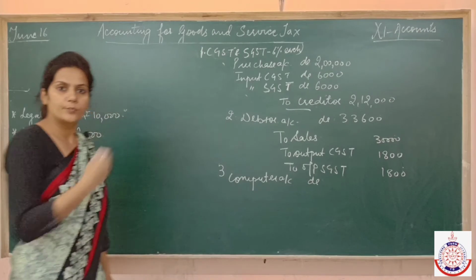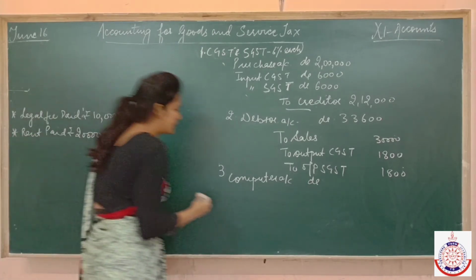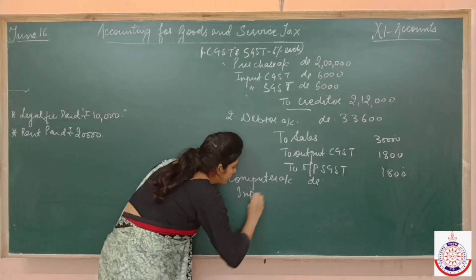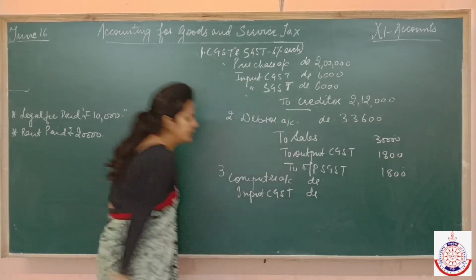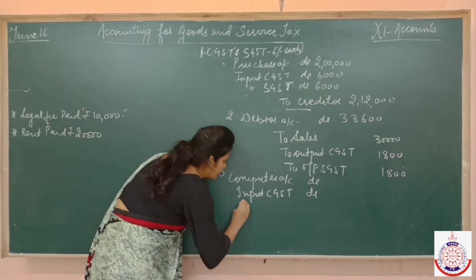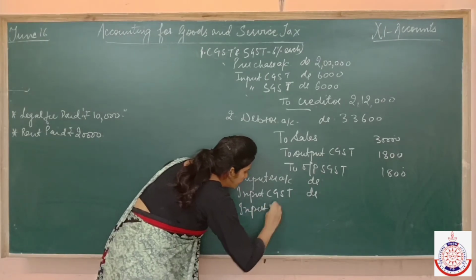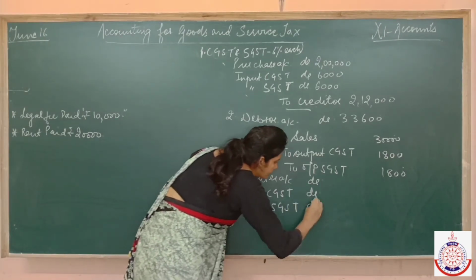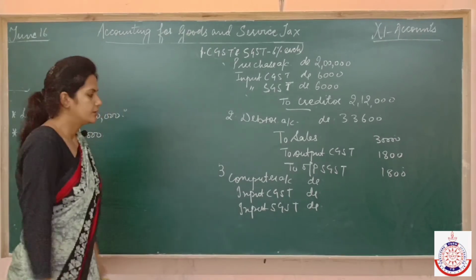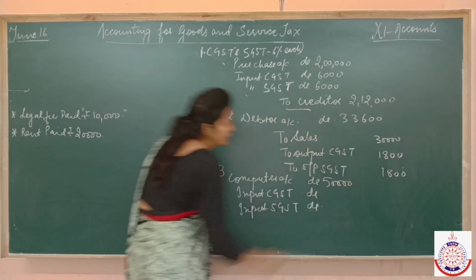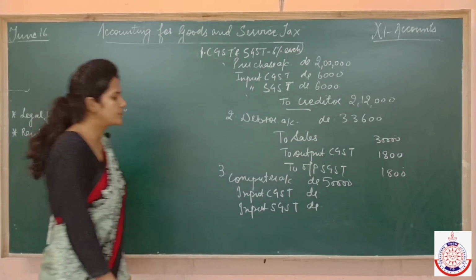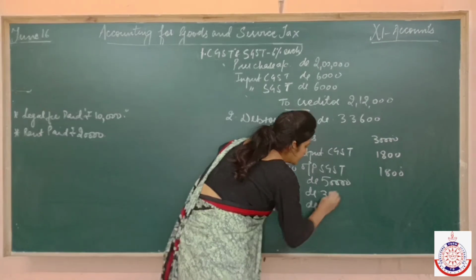Now if we are buying the computer, it means we have to pay GST. So I will write here input CGST, debit, input SGST, debit. The value of the computers was rupees 50,000, but we have paid GST on it also 6%. So it is 3,000.